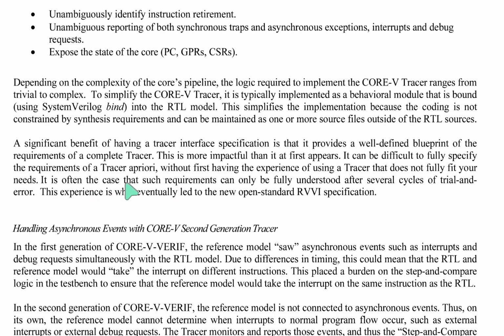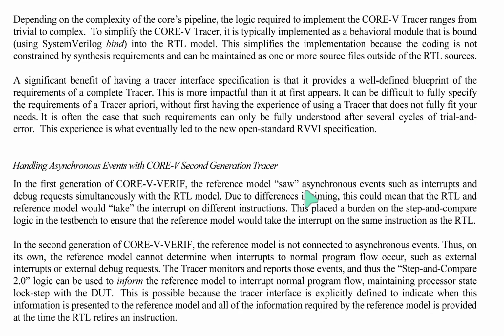It's often the case that such requirements can only be fully understood after several cycles of trial and error. This experience is what eventually led to the new open standard RVVI specification.